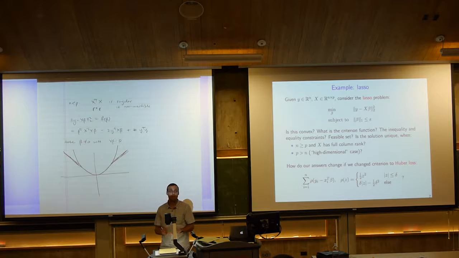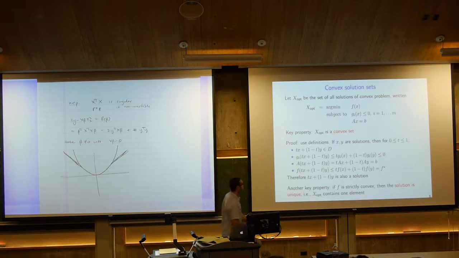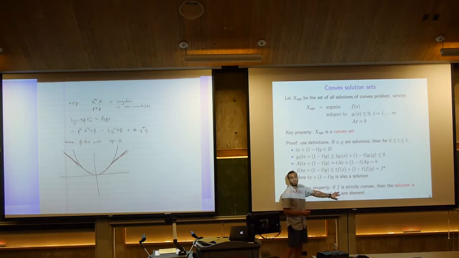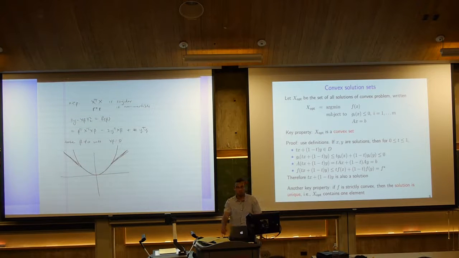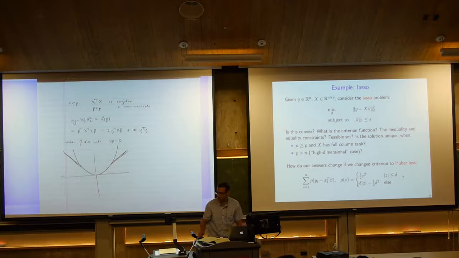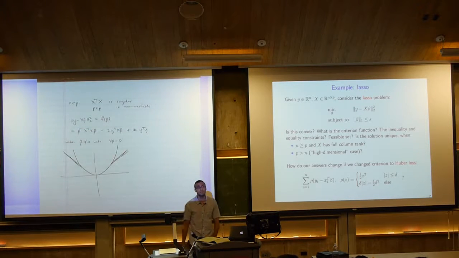Well, it's not clear. What we were trying to do is check whether or not F was strictly convex. If F is strictly convex, that implies uniqueness. If F is not strictly convex, we can't say anything about uniqueness at this point. In general, it's more like a case-by-case basis. So that's all we were trying to do here, to check whether this was strictly convex. And it's not when X has a null space.